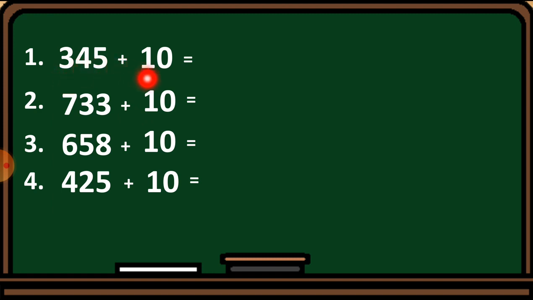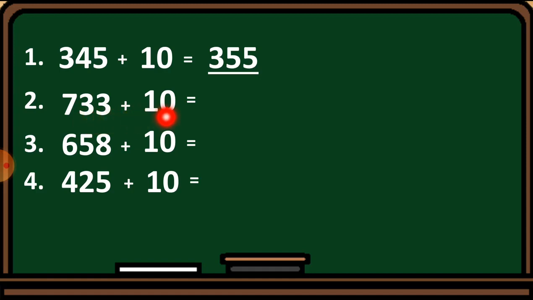You have to add 10 to this 345, and the shortcut method is you just add one to this 4, because 4 is at the tens place. Let's see the answer. We add one to this 4, so we get 5. So 345 plus 10 is equal to 355.